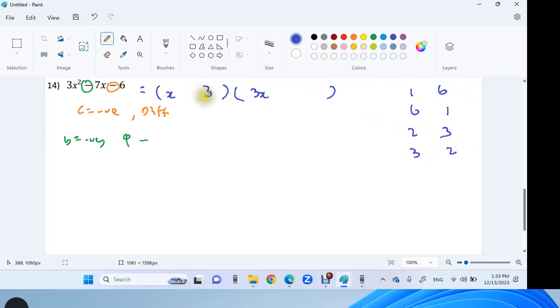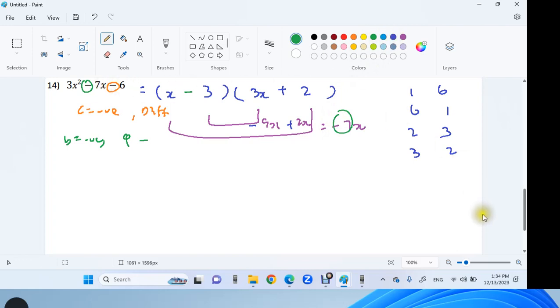So this is 3 and 2 here. Because this is 9x, this is 2x, and B is negative, so the bigger one is negative, so the smaller one is positive. Negative, positive. So it will become negative 7x, same as the B here.